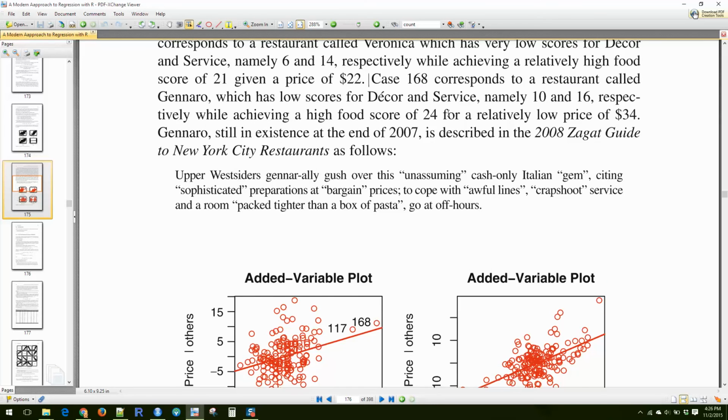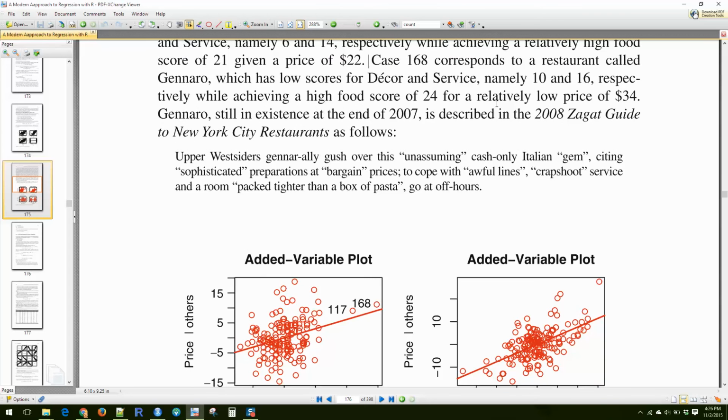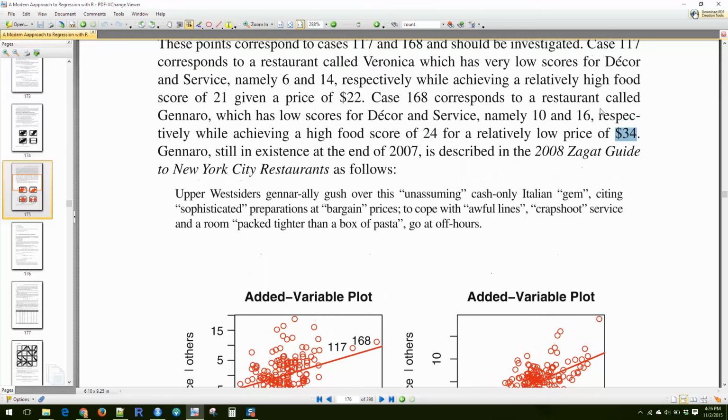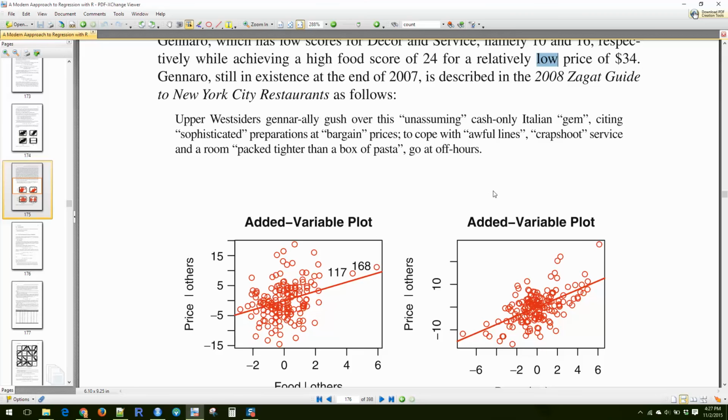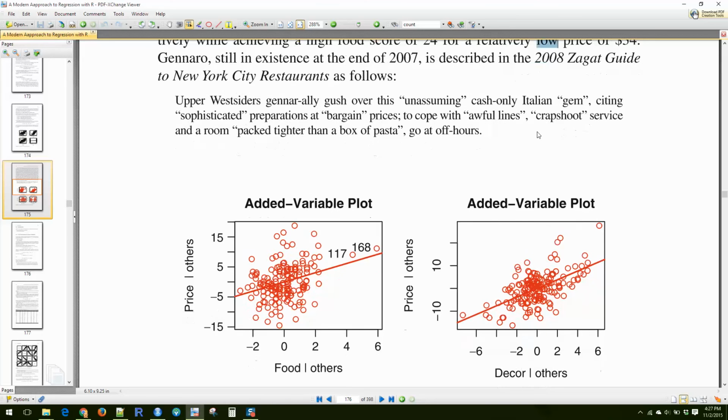Then case 168 was another one with low scores for decor and service, but had a high food score and I guess a relatively low price. I think this is supposed to say high price, because the residual for price is positive, right? So I think that should say high price.